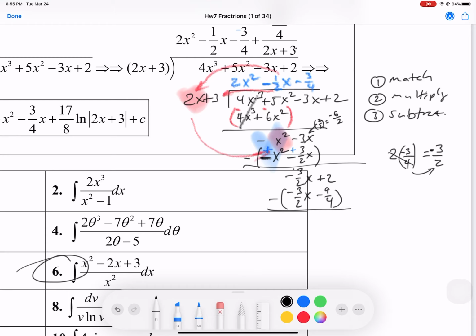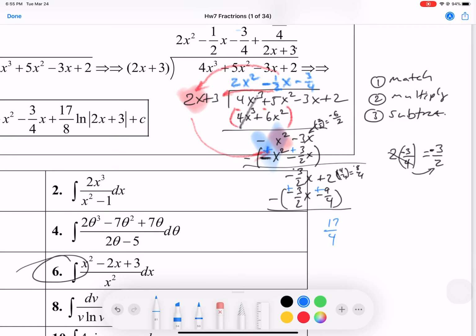We need a common denominator, we need a 4 here. So if we give it a 4 over 4, that gives me an 8 over 4. And then we're going to distribute the negative. That becomes a plus. It's a plus and a plus. And 8 plus 9 is the 17 over 4 that we need.